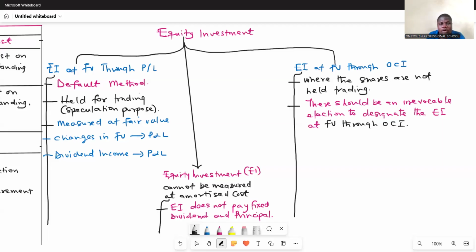Now, once there is an irrevocable election to designate it as fair value through OCI, then as usual, it will be measured at fair value. The changes in fair value will go to OCI.